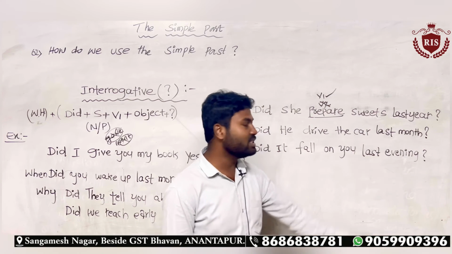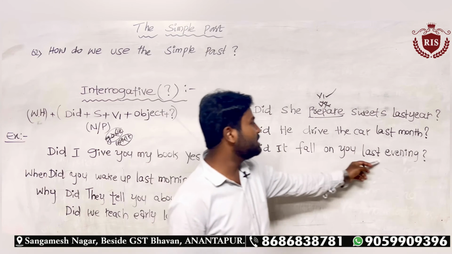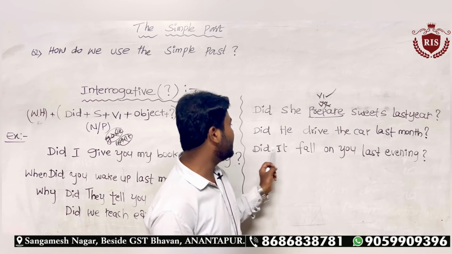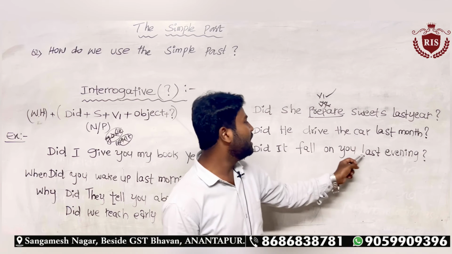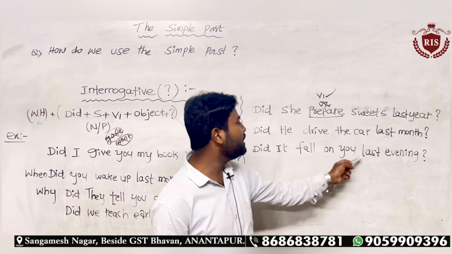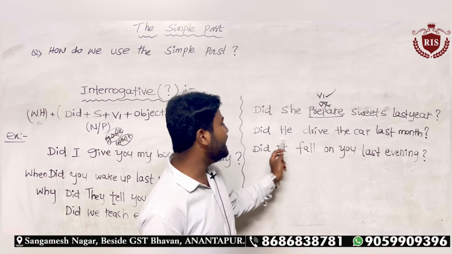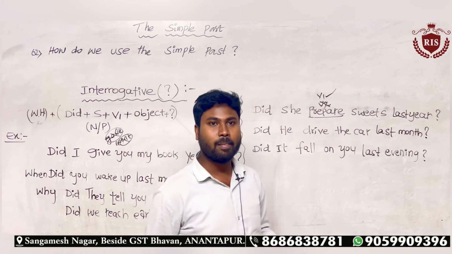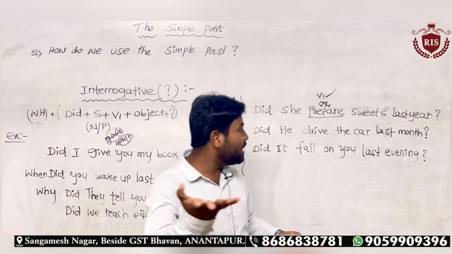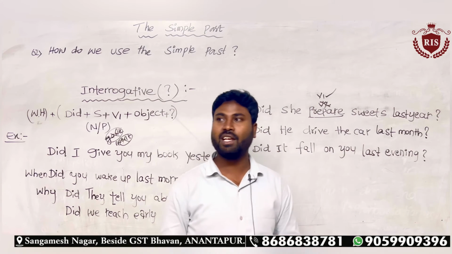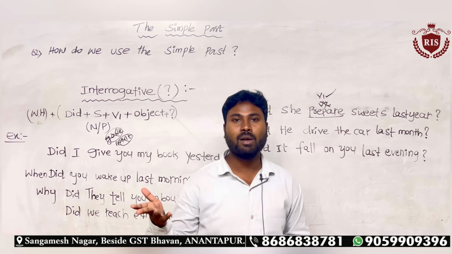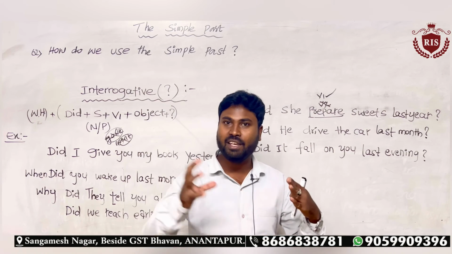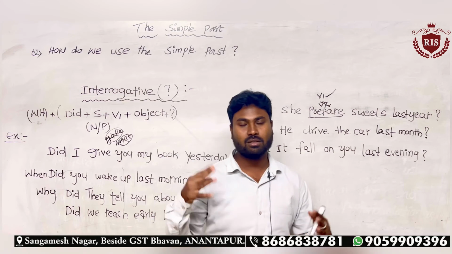Again, last evening is the keyword in the sentence. So finally the example is, did it fall on you last evening? Here it may refer to the branch of the tree. Usually when there is a windstorm, when it rains, there would be heavy breeze and windstorm, right?